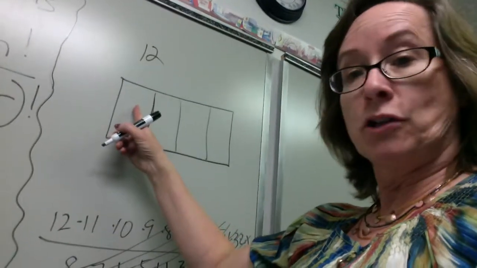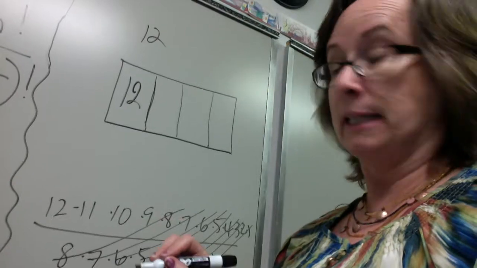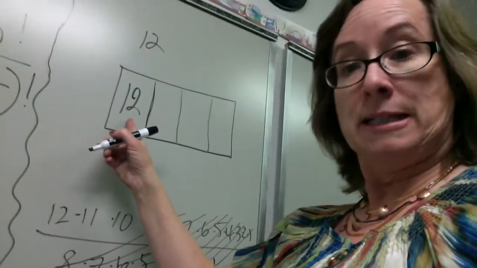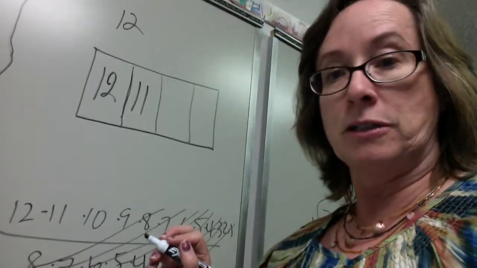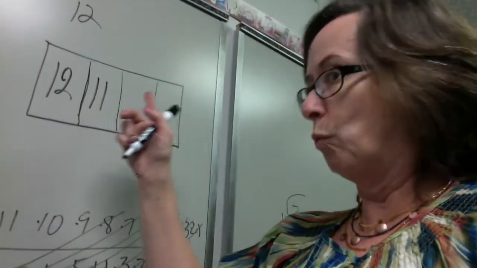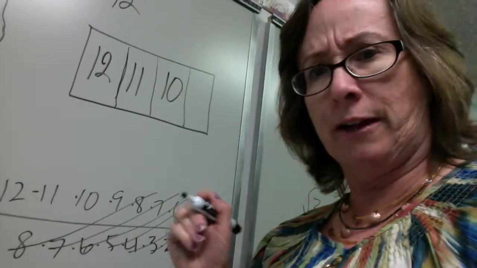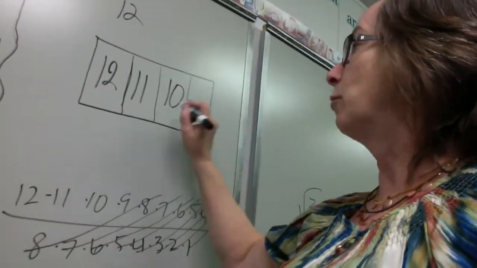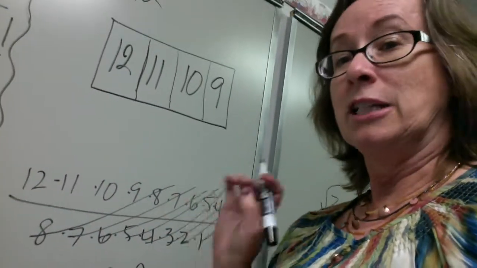Well, if this was the first seat, I could have 12 different people sitting in that seat. And then once somebody planted themselves there, I would have 11 people left to sit in this seat. And once somebody sat there, I would still have 10 people on the roster trying to find a seat. And then after one person sat there, I would have 9 people to choose from.